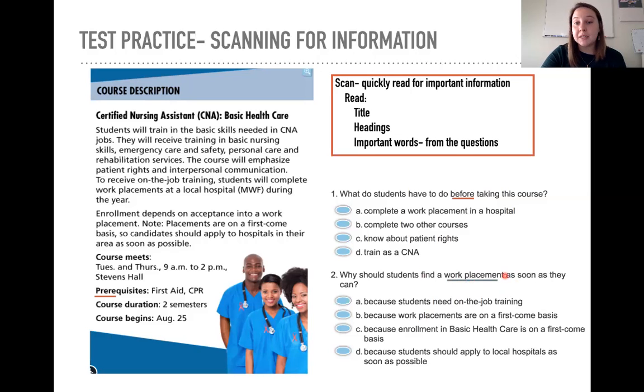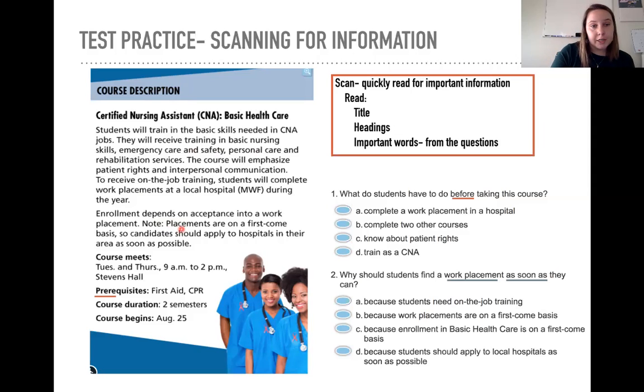Probably work placement. So we need to know information about their work placement. And then as soon as. So both of these talk about time. They're giving you a time frame. So as soon as is a specific time word. So looking for that might be helpful as we're scanning the paragraphs.